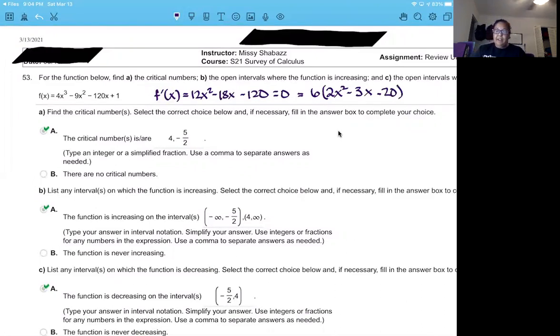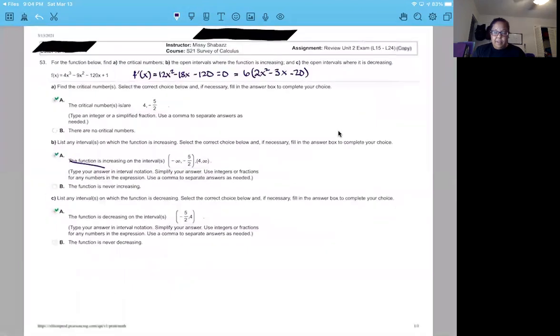All right, and I need to factor that. I'm going to use the AC method. So I have a 2 times 20, which is 40. So let's see. I have a 10 and a 4. I have an 8 and a 5. 8 and a 5, I think will do it.